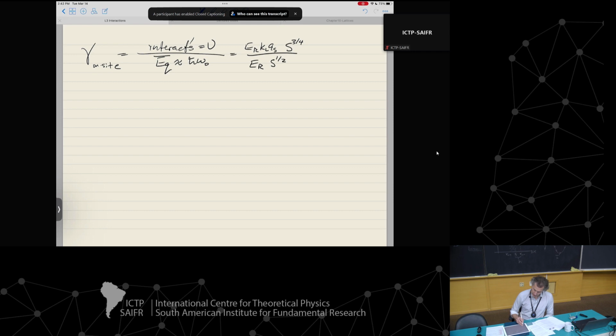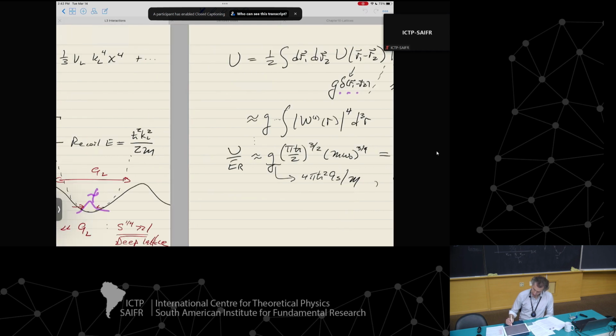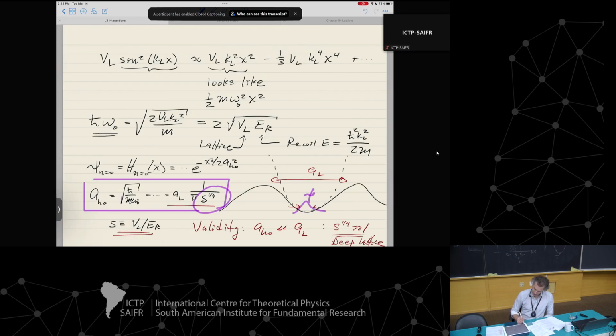Okay, so why is that? Let me just show you again. The harmonic oscillator energy goes like this, which is the same thing as 2 E_R times the square root of V_L over E_R, which is just s to the 1/2, right?